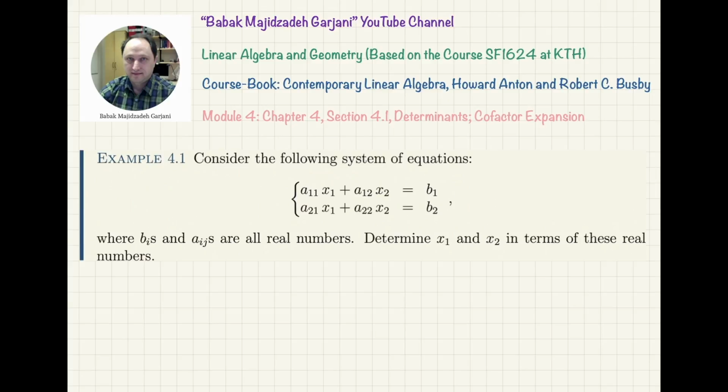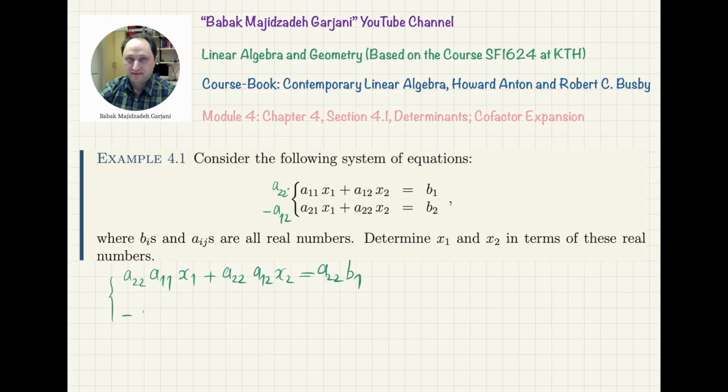Okay, so if I want to solve the system, that's a high school problem, I just use the addition method. So for example, I would multiply the first equation by a22 and the second one by minus a12. Then it becomes a22 a11 x1 plus a22 a12 x2, and on the right hand side a22 b1.